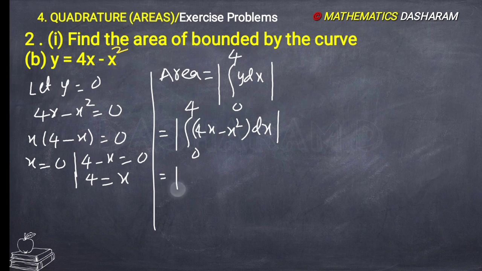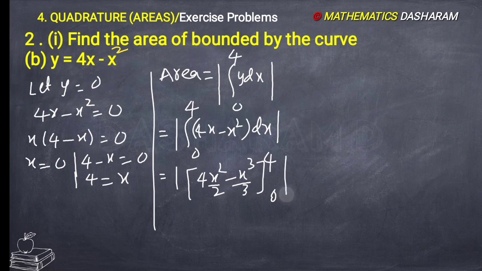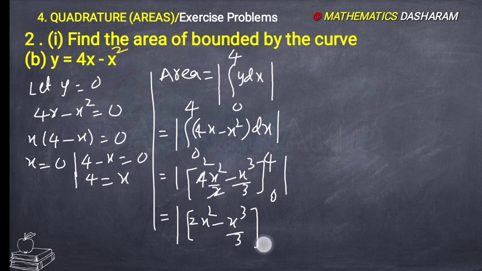So it is equals to, the integration of 4x is 4x square by 2 minus x cube by 3, 0 to 4. So mod, 2 ones are 2, 2 twos are 4, so 2x square minus x cube by 3, 0 to 4.